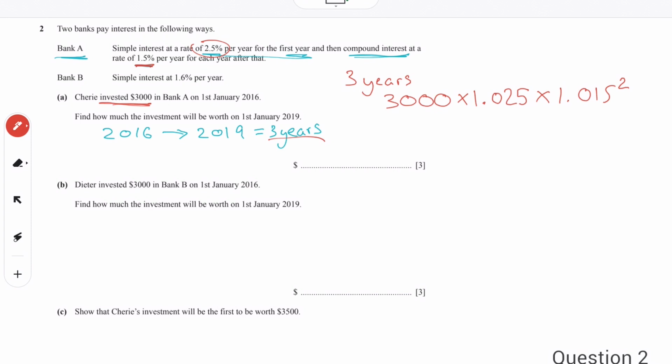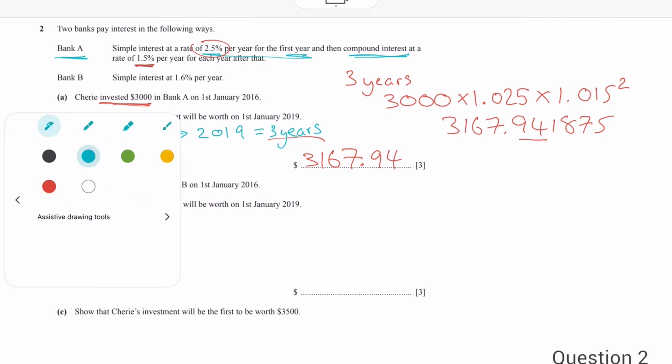So if we put this into our calculator, 3,000 times 1.025 times 1.015 squared, we should get the number 3167.941875. Now, of course, we're working with money, so we would just take those numbers and do it to 2 decimal places. So the amount of money is 3167.94.